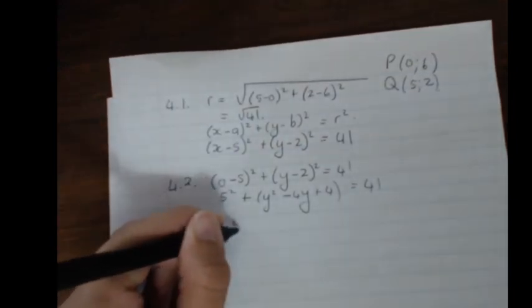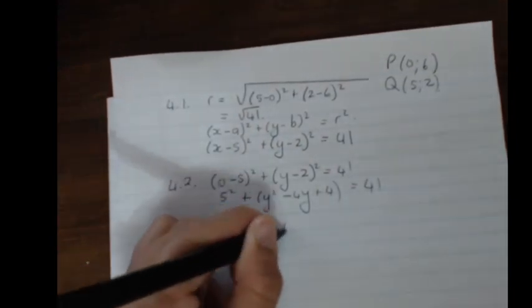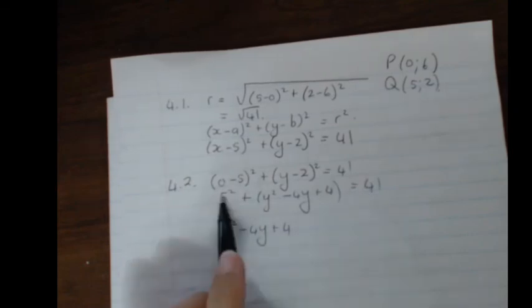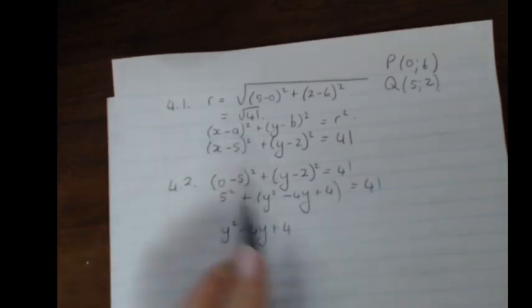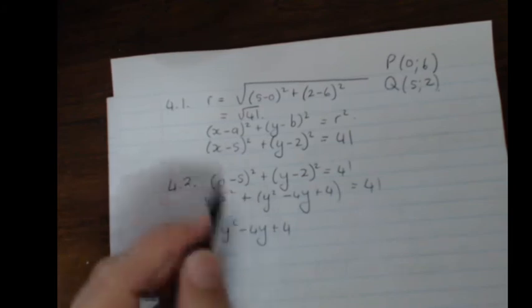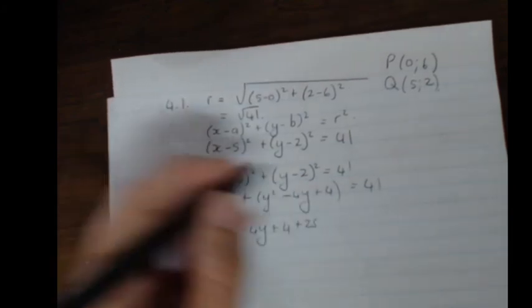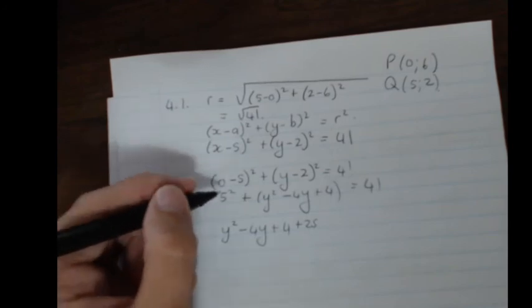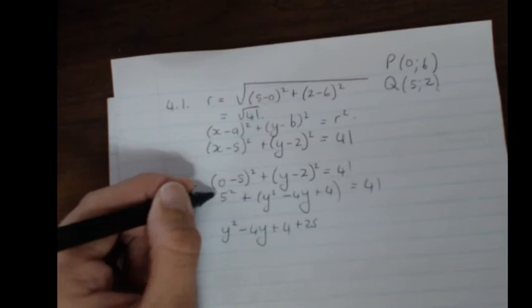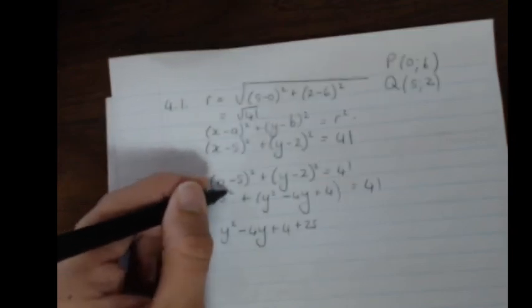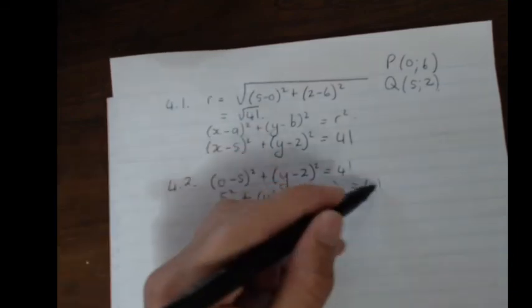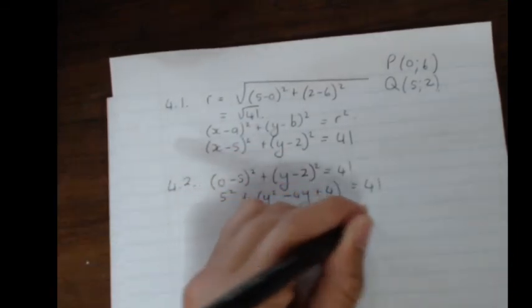So y squared minus 4y plus 4 plus 25, the 5 squared is positive 25, minus 41 is 0.